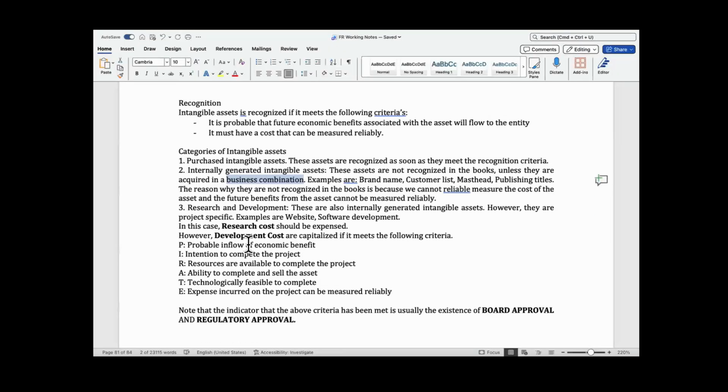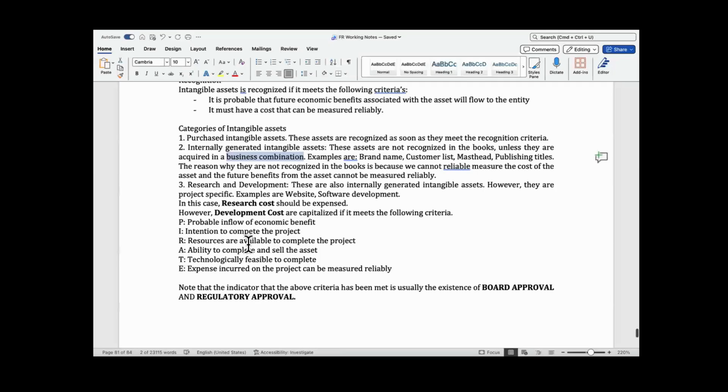And there is another one called research and development. This one is also internally generated, but it is project specific, like you're developing a website for your company, or you're doing software internally, or you're developing an app, or you're working on a pharmaceutical project, something like that. So internally, you're working on a project, and of course, it has to be an intangible item.